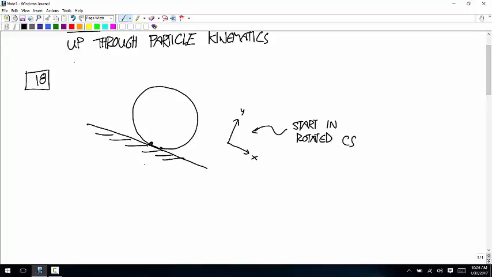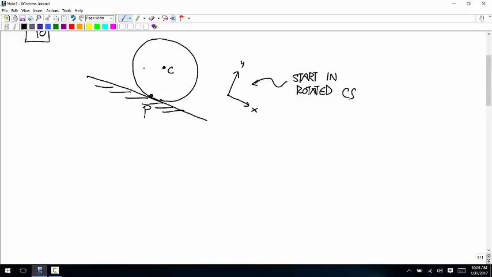So we'll call this point P, this point C. Then in this coordinate system where X is parallel to the surface, you know that the velocity of C is equal to negative angular velocity times the radius, and then 0. And the acceleration of C is equal to negative angular acceleration times the radius, 0.